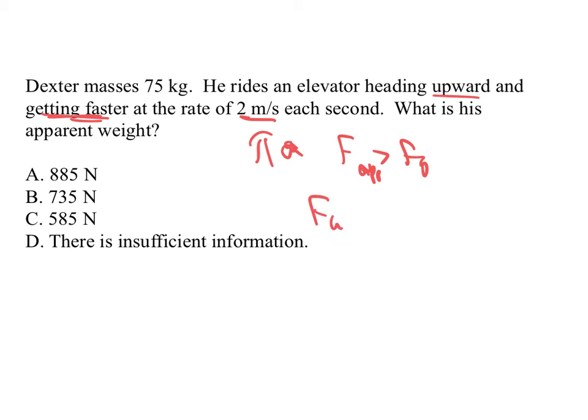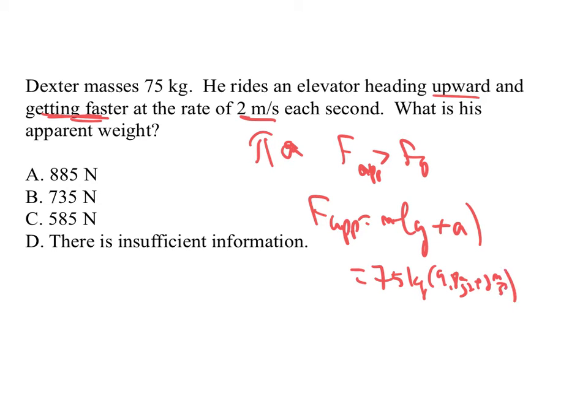In fact, we know the apparent weight is his mass times g plus the acceleration. So here it's 75 kilograms times 9.8 meters per second squared plus 2 meters per second squared, which is more than 735. So he must have this one. I don't even have to get the number. His apparent weight is 735, and this must be more than that.